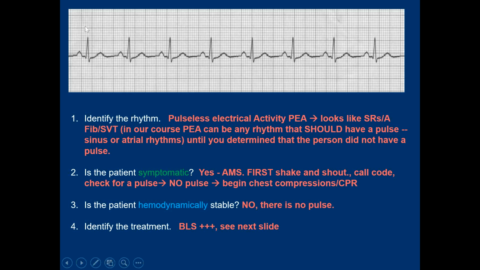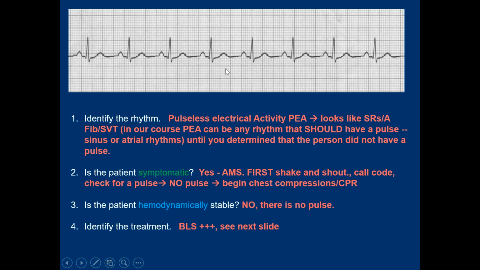And these rhythms normally have a pulse. So again, let me restate that. If it is a rhythm that should have a pulse, which is all of the atrial rhythms and all of the sinus rhythms, any rhythm that you see listed in the question where there is no pulse, you don't even have to figure out what this is. It is PEA. PEA is a rhythm that should have a pulse, and in your scenario, the individual doesn't have a pulse. Well, you know that if your patient does not have a pulse, they're likely not to be awake and alert.